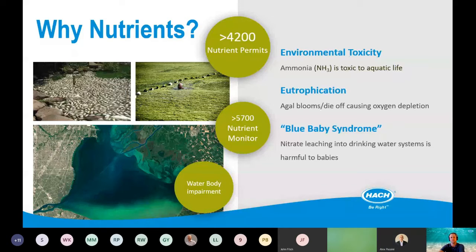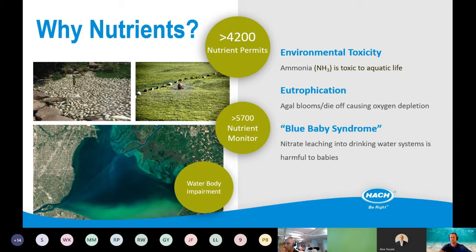Eutrophication is another issue that occurs with excessive amounts of nutrients, nitrogen and phosphorus, in the water. You can see these pictures, some pretty substantial algae growth, and that algae, when it dies off, causes oxygen depletion. On the left, you could end up with large fish die-offs, and you may have heard about those in the news.